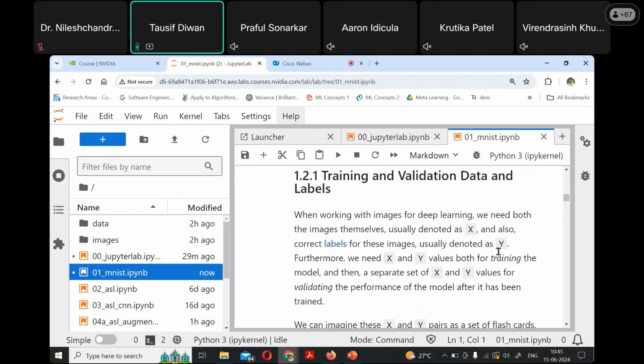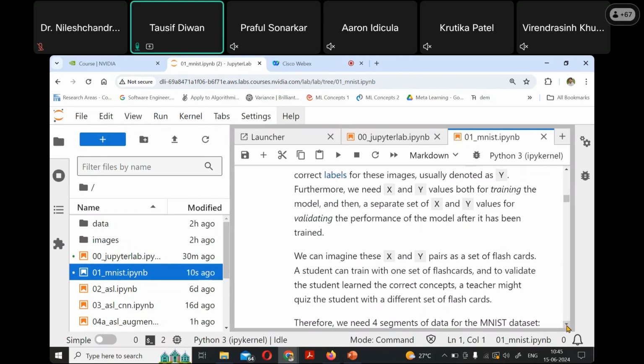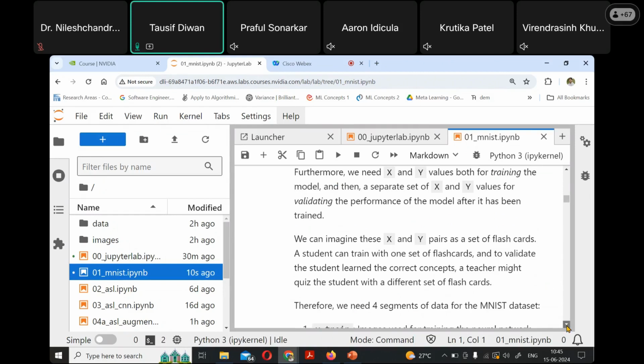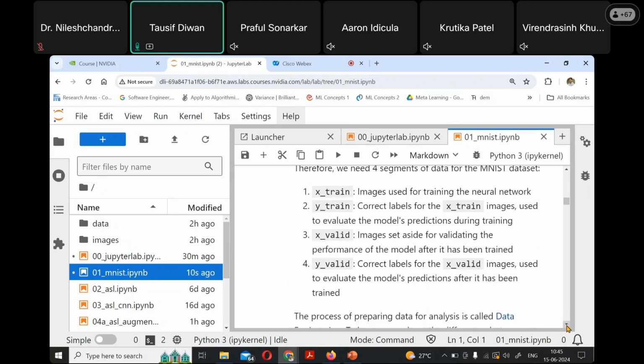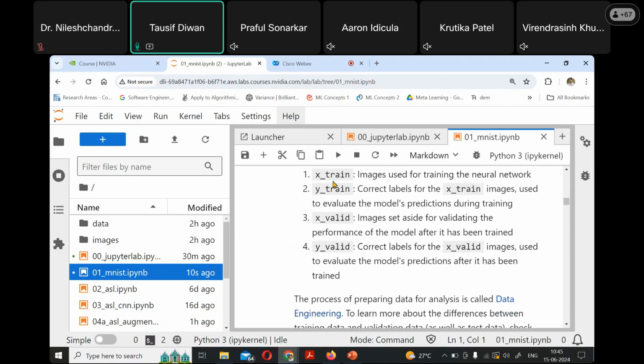X is our input, Y is our label. Based on the pairing of X and Y and the training and testing categorization, we should have these four variables. X train means training set images, and Y is used for labels. When we write Y train, it means the labels of the training set. Then X validation means validation set images, and Y validation means labels of the validation set.